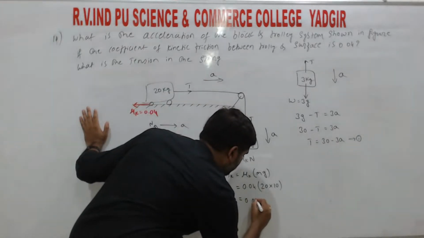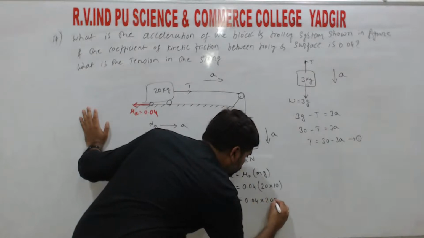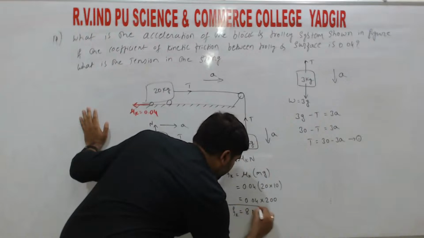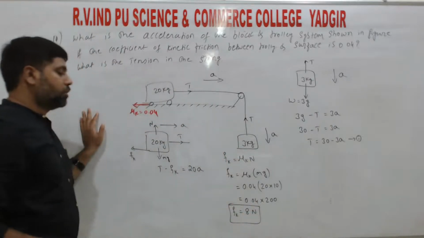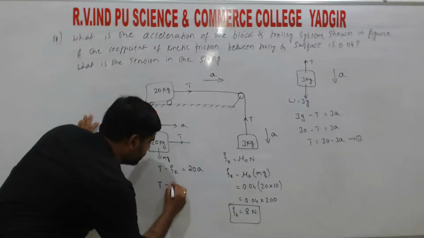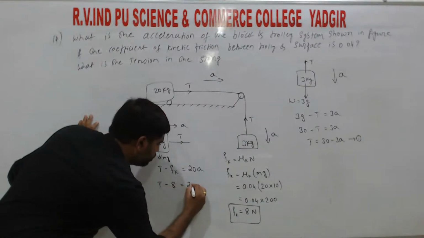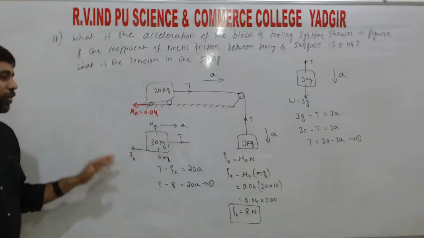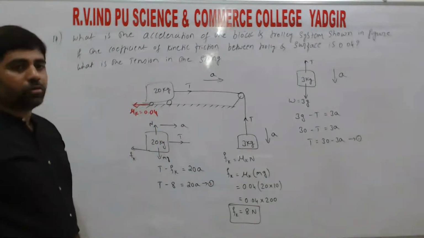So 0.04 into 200, so we get Fk is equal to 8 Newton, right? So substituting here, T minus 8 is equal to 20a. So this is the second equation, right?